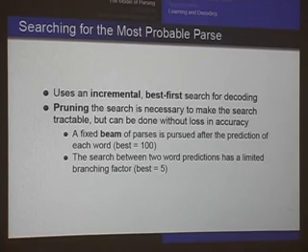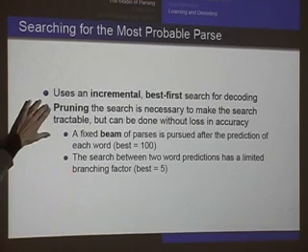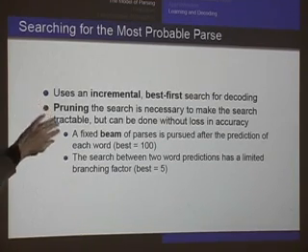Okay, so the last bit I need to tell you about is the decoding. As I mentioned before, we chose the derivation order so that we can parse efficiently. And specifically, it means that we can do beam search with a very small beam.